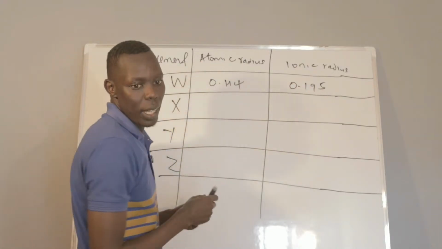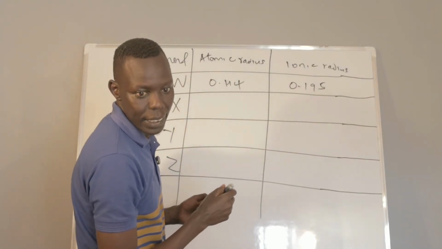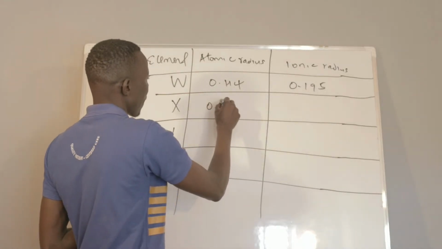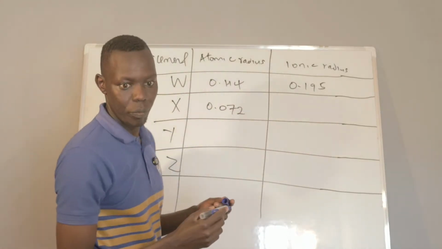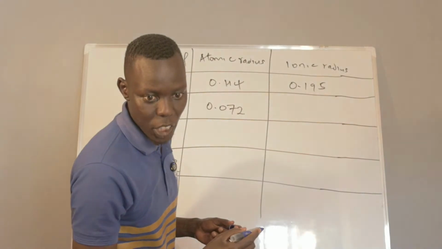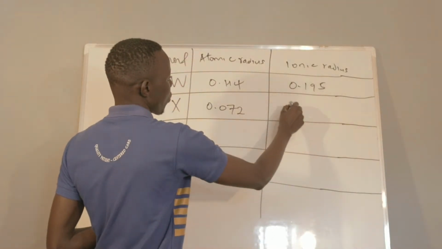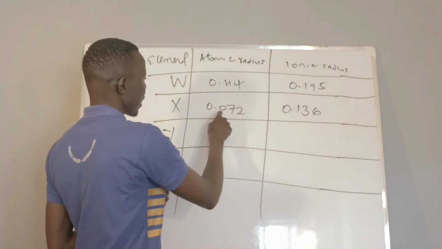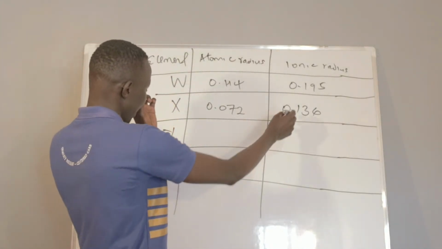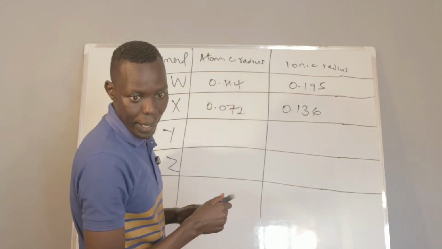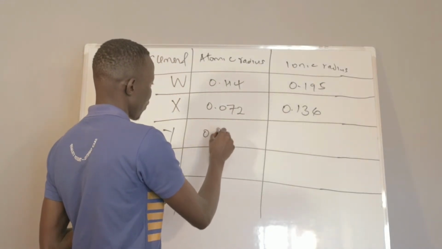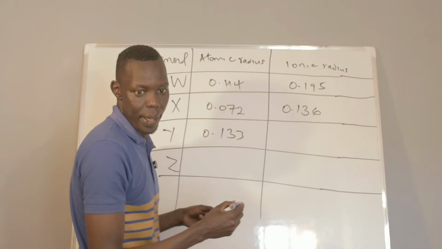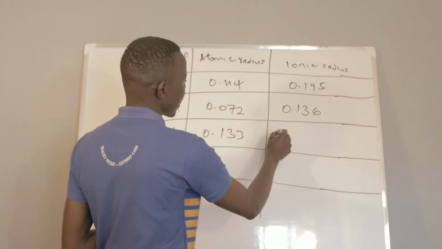For this W. Let's go to X. X is 0.072, and then the ionic radius is 0.136. If you compare the two, this is still larger than this. For Y, it is 0.133, then 0.216.